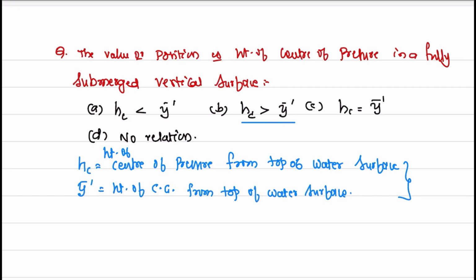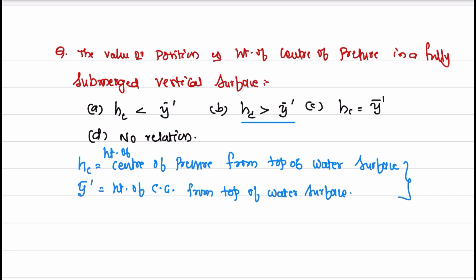This concept you have to understand. Wherever a vertical object is fully submerged in a fluid, the action of the total resultant pressure will be at the center of pressure, and the center of pressure is always below the center of gravity.